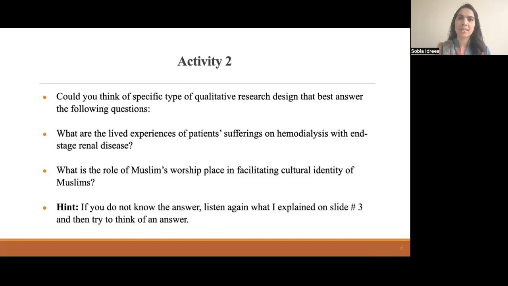If you have a hard time getting the answer to these two questions, there's a hint for you on the slide. You have to go back and listen again to what I explained on slide number 3, and that can probably give you an answer as to which specific type of qualitative research can be used to answer these two research questions. All the best to you.